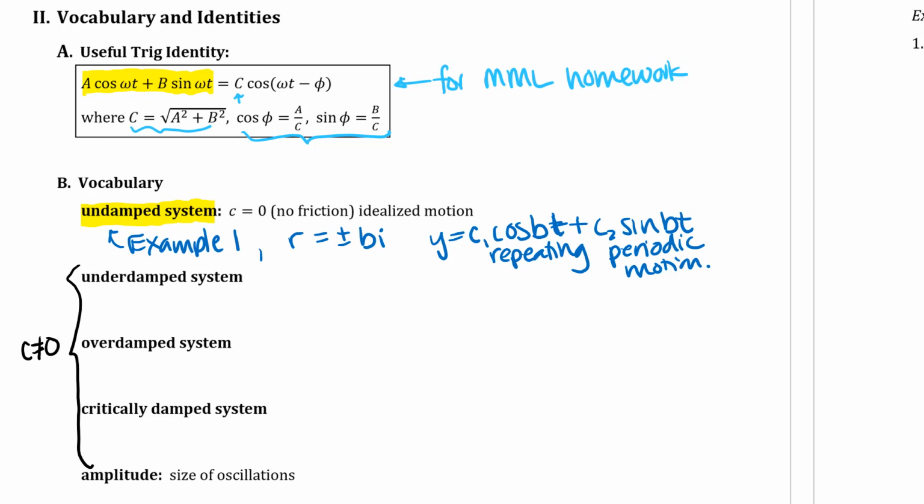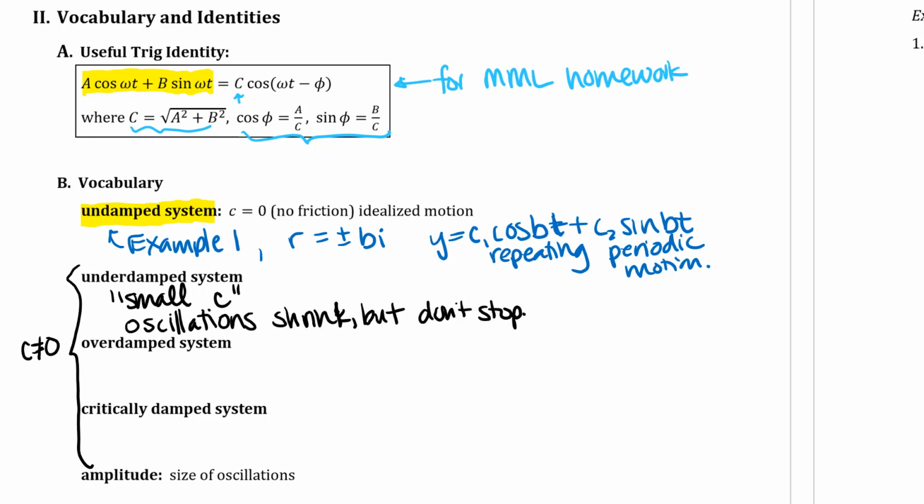So an underdamped system has a relatively small value for C, small enough that the oscillations will shrink, but they will not completely stop. And that is what we will see in example 2. When we do those, we're going to get values for the characteristic polynomial that are of the form a plus or minus bi, with a being negative.